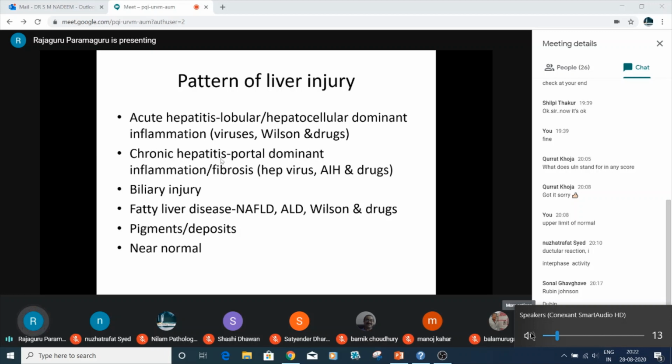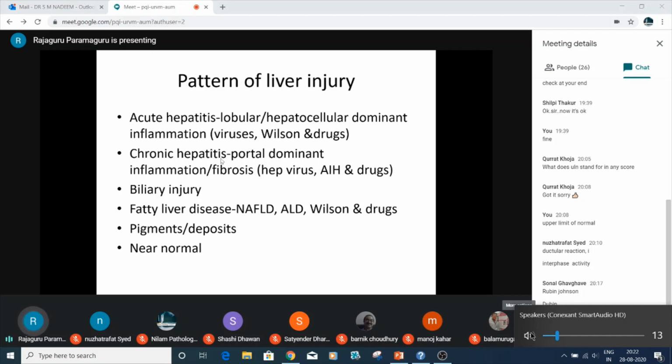So before that, I just want to finish off here that in an acute hepatitis or a chronic hepatitis, if you are not able to come to a conclusion of the etiology, you can give it as your working diagnosis that consistent with acute hepatitis, and what are your possibilities, or consistent with chronic hepatitis, and you have to grade and stage the chronic hepatitis, and what are your possibilities for this condition.